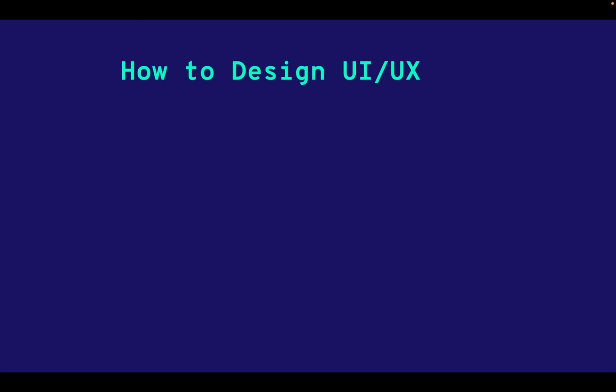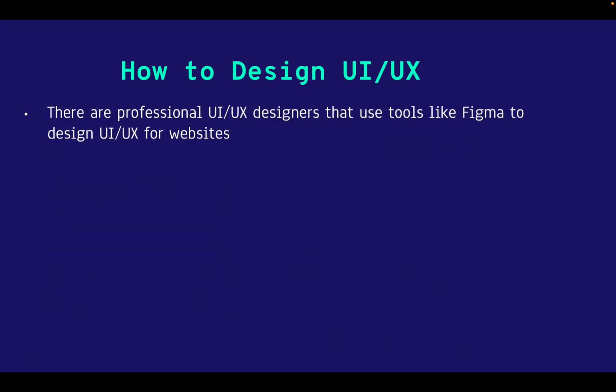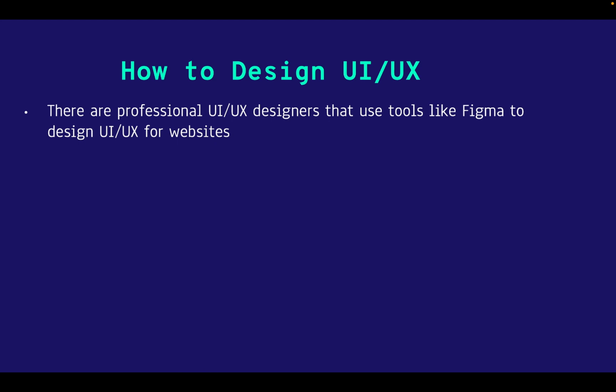Okay, so now, how to design a UI UX, right? I told you before that we write code to implement UI, right? UI is everything that you see, right? So there are some people called UI UX designers, right?